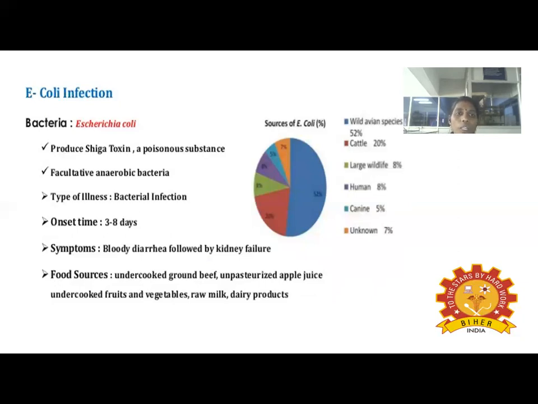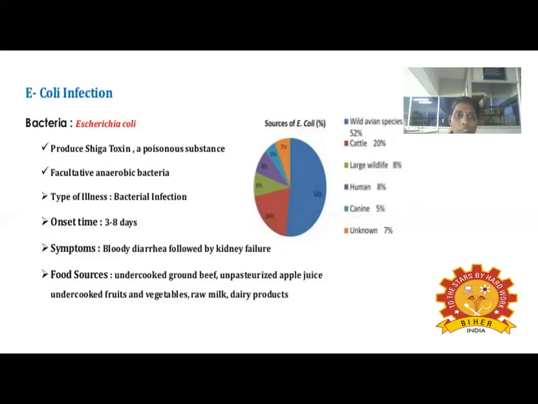Then E. coli infection. E. coli is also one of the bacteria. Because of this Escherichia coli, what disease is coming, and what are the symptoms that we are facing? This E. coli bacterium produces poisonous substances.